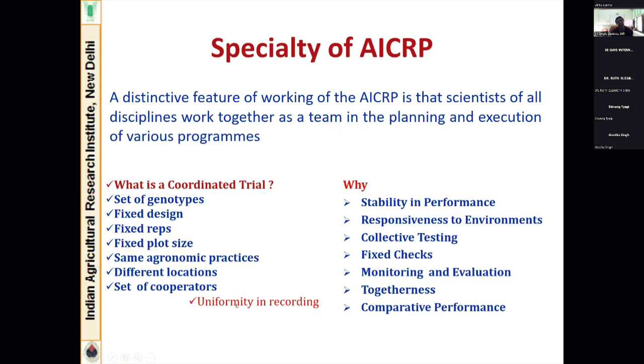The advantage is that there is uniformity in recording of the data. Why is it tested in AICRP? Because of stability in performance, responsiveness to different environments, collective testing, fixed sets, and monitoring and evaluation is an integral part. It increases togetherness among the collaborative partners, and comparative performance of the varieties can be tested.